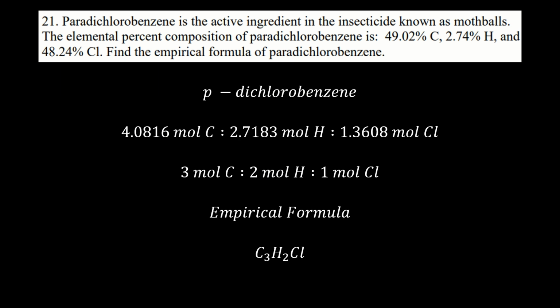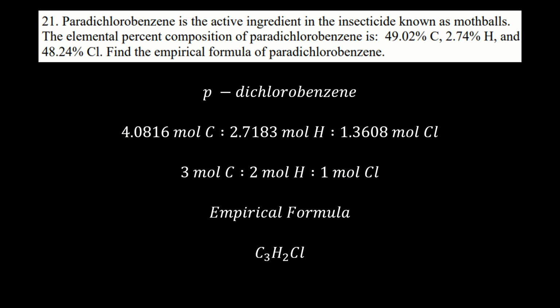Now we can compare the mole amounts as a set of ratios. 4.0816 moles of carbon per 2.7183 moles of hydrogen per 1.3608 moles of chlorine.